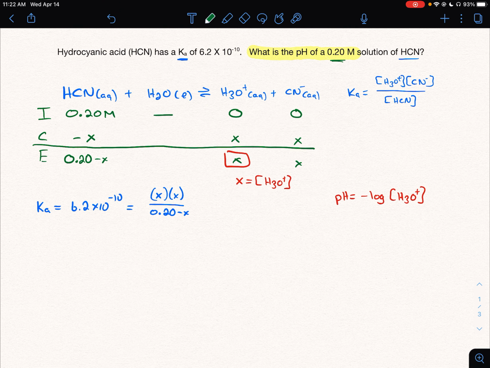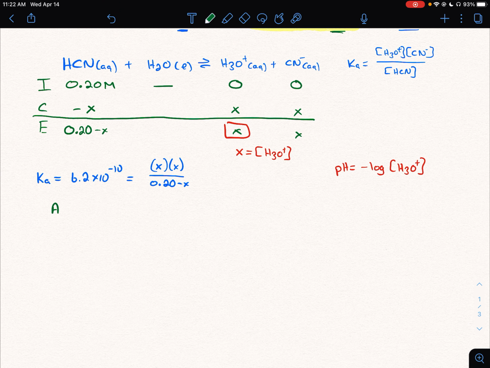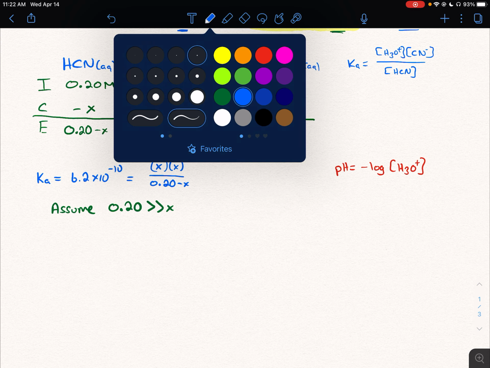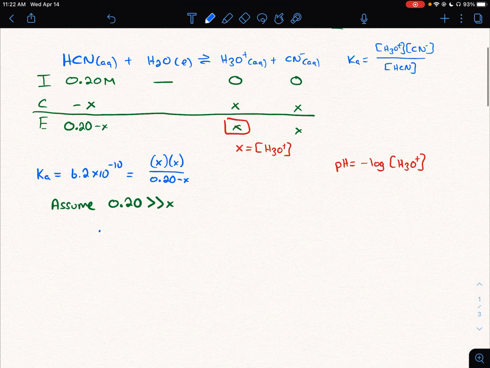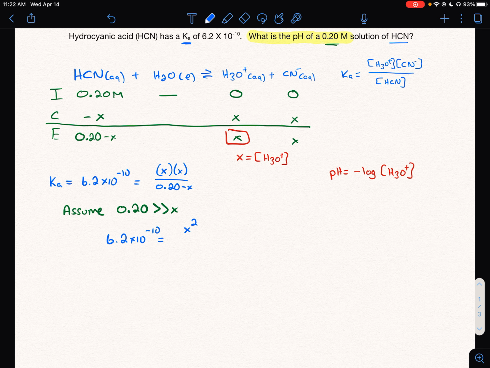And so one thing we can do now is we can assume that 0.20 is much bigger than X. And if we do that, our expression is going to simplify. So 6.2 times 10 to the minus 10th is now equal to X squared over 0.2.